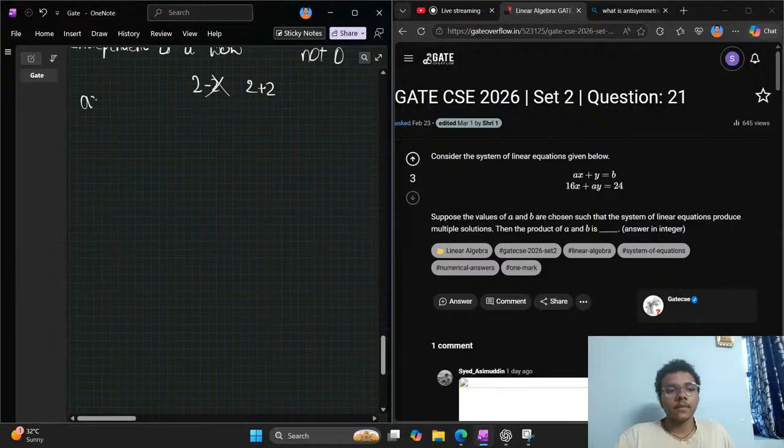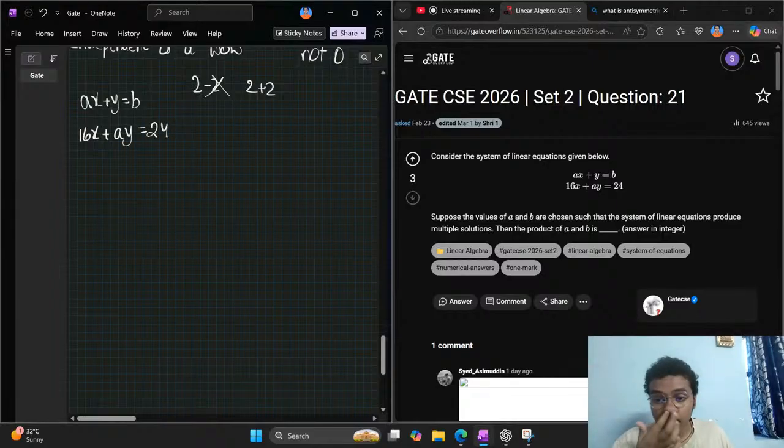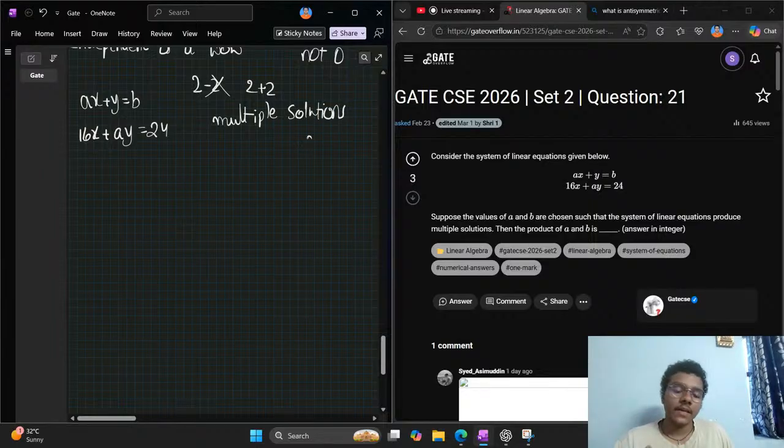We got a system of linear equations: ax plus y is equal to b and 16x plus ay is equal to 24. Suppose the values of a and b are chosen such that the system of linear equations produces multiple solutions. a times b is equal to question mark.